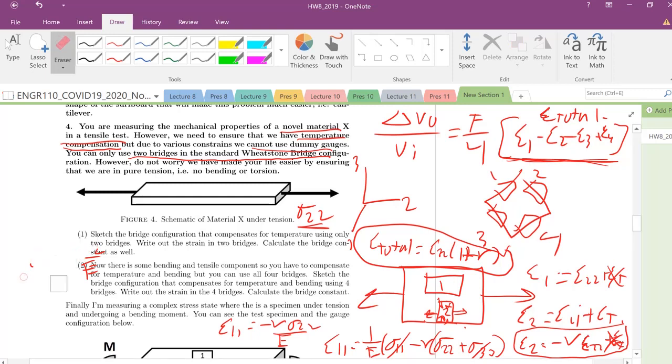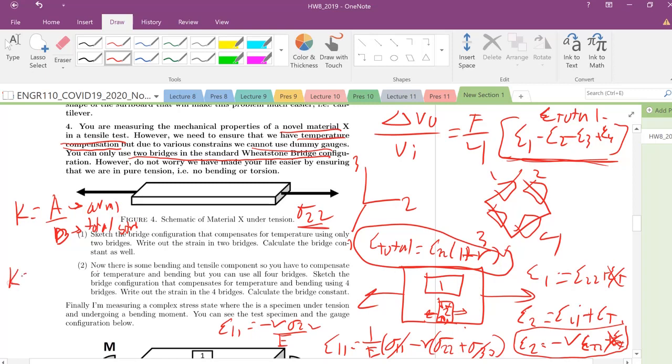Now, it also asks us to calculate the bridge constant. So the bridge constant is K equals A over B. So this is the total output, so total strain, versus the output in arm 1.